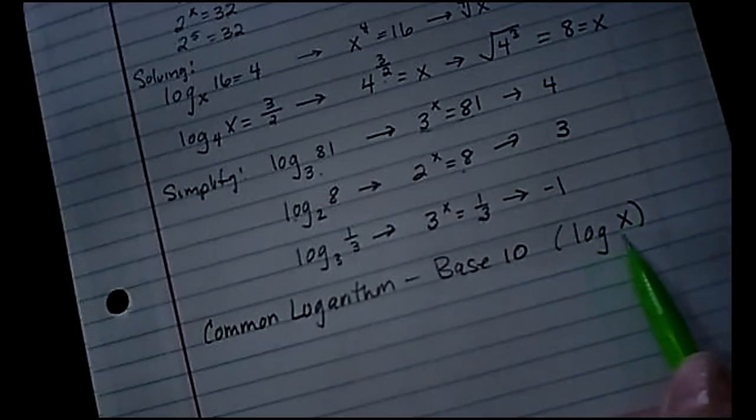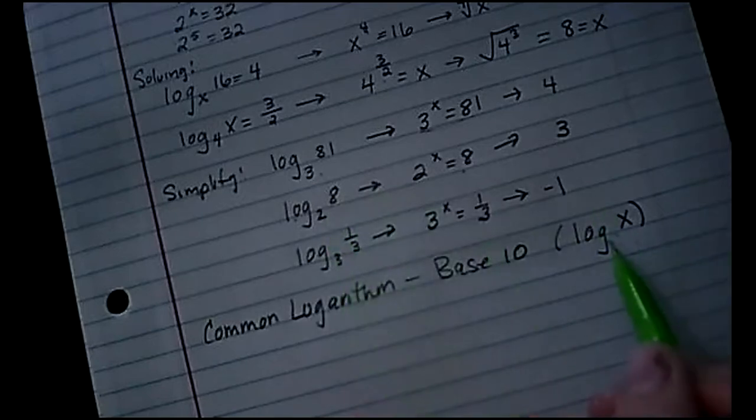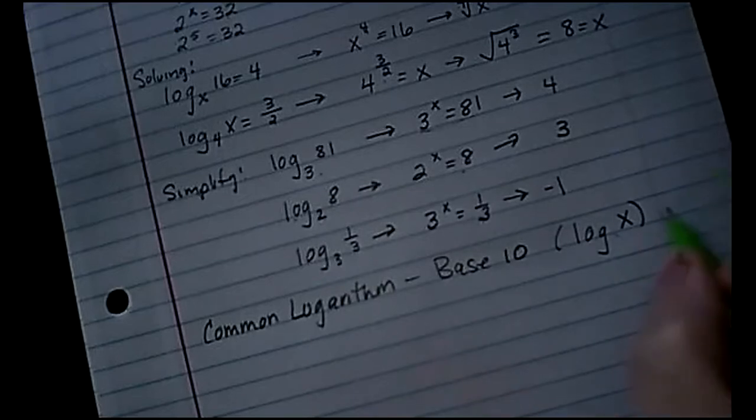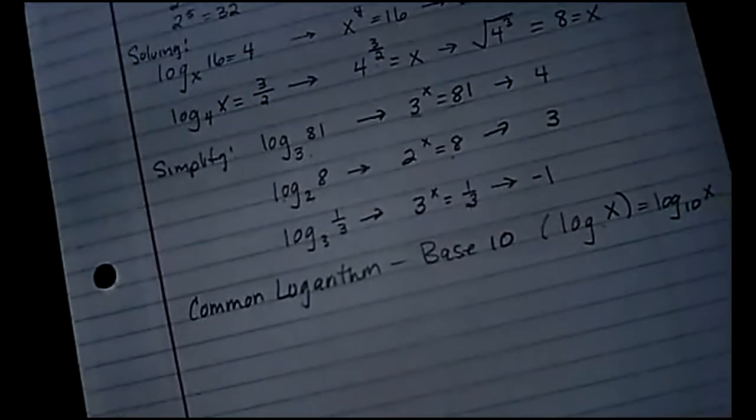It's a log, but I don't have a base. Up here, I have a base showing, here's 2, here's 3. I don't have a base. So if there's one that's not showing, you naturally assume it's a base 10. So that's the same thing as this. They just don't show the 10, and that's a common logarithm.